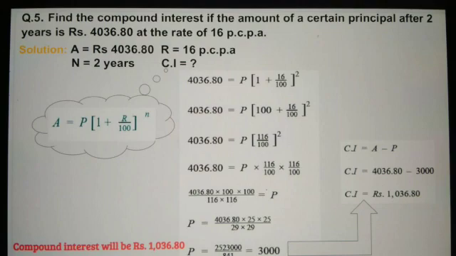Therefore 4,036.80 is equal to P into 116/100 into 116/100.